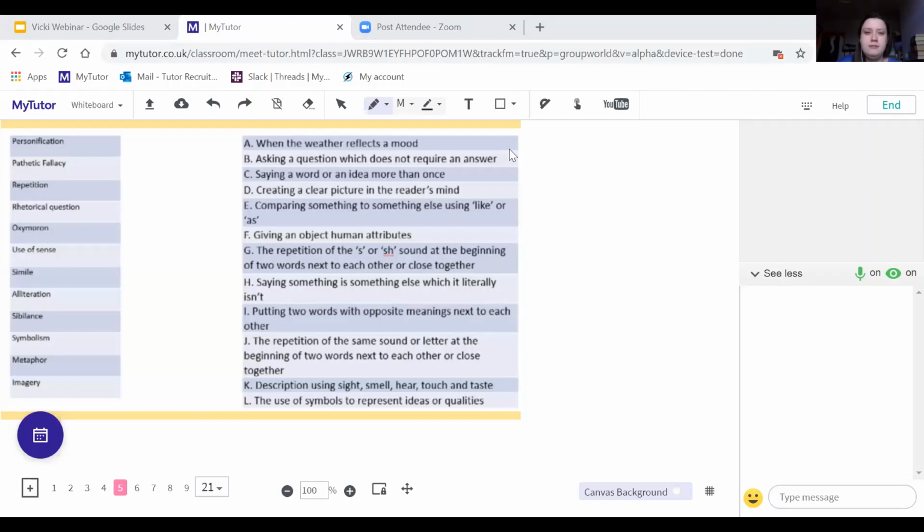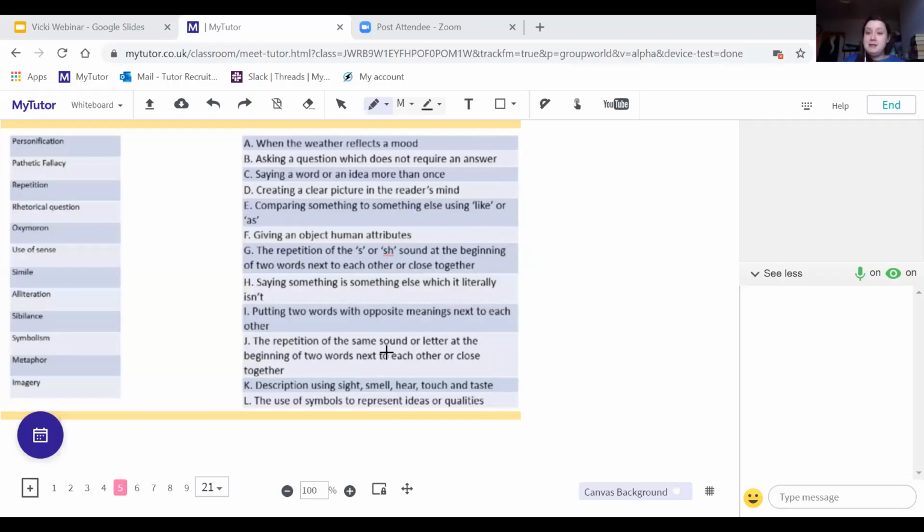Let's have a look. So, alliteration, G. Right, alliteration isn't technically G. Alliteration is the repetition of the same sound, so we're looking at J. You're not entirely wrong when you say G. G is sibilance.